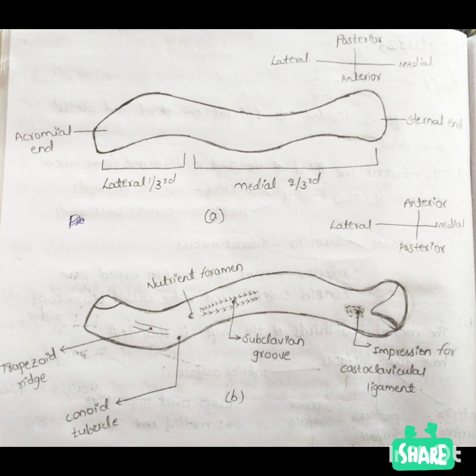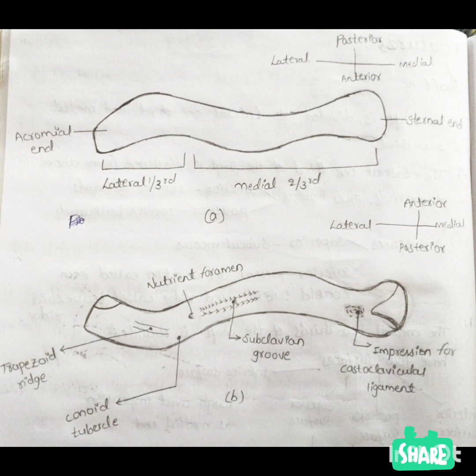The medial or sternal end is quadrangular and articulates with the clavicular notch of the manubrium sterni to form sternoclavicular joint.